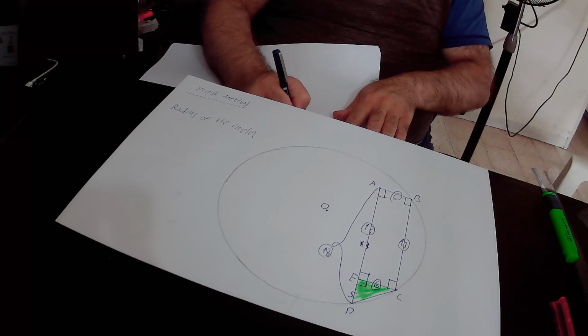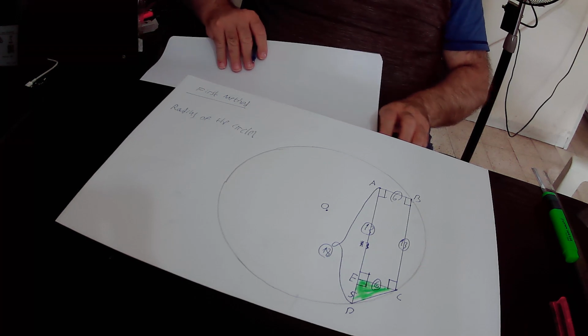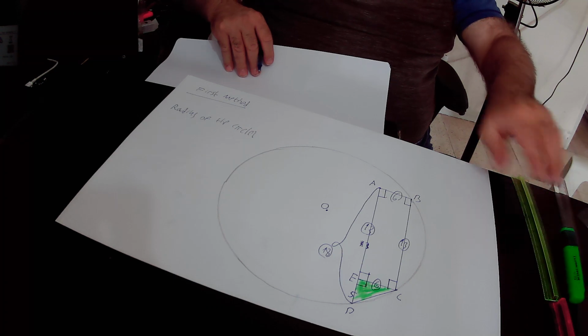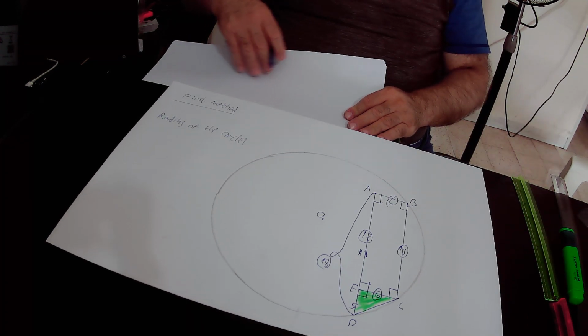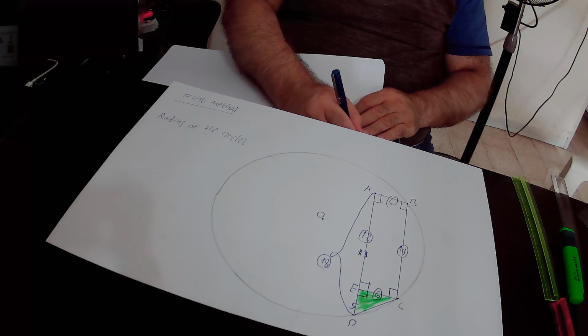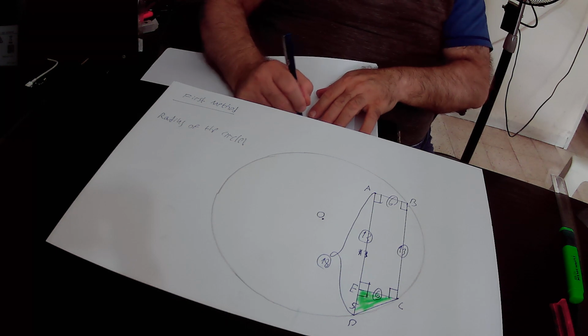The square of the hypotenuse equals the sum of the squares of the perpendiculars. The hypotenuse in the green small triangle EDC is DC, therefore the square of the hypotenuse is DC square, and it must be equal to the sum of the squares of the perpendiculars.